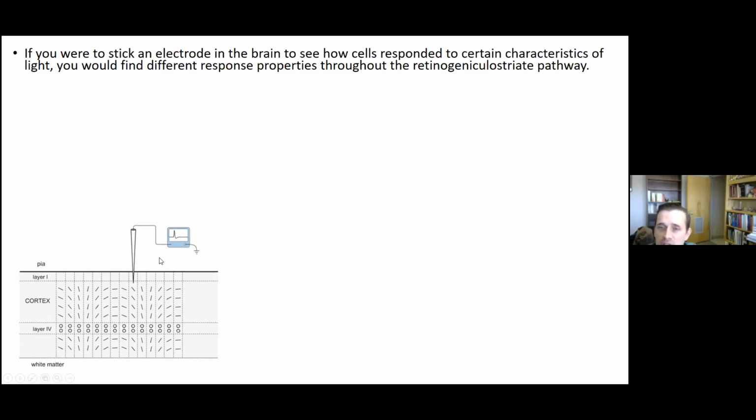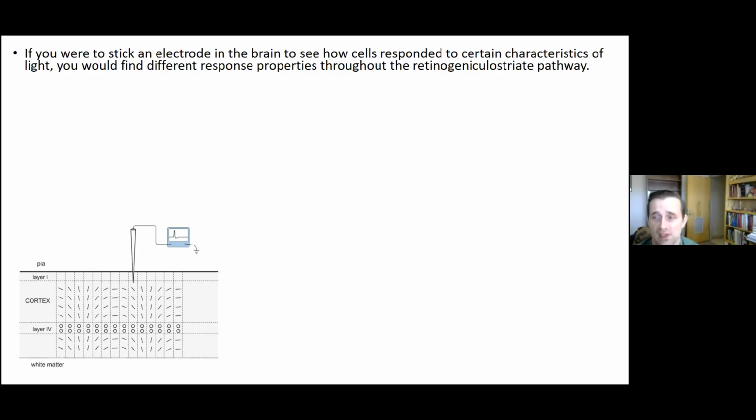And so if you look here, in a case where you have an electrode going through all 6 layers, perpendicular to the pia surface. So the pia is that outer surface of the brain, and in this case, the visual cortex.